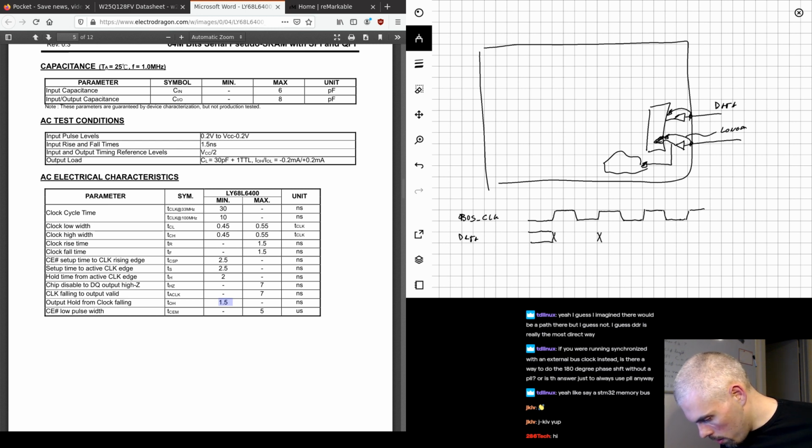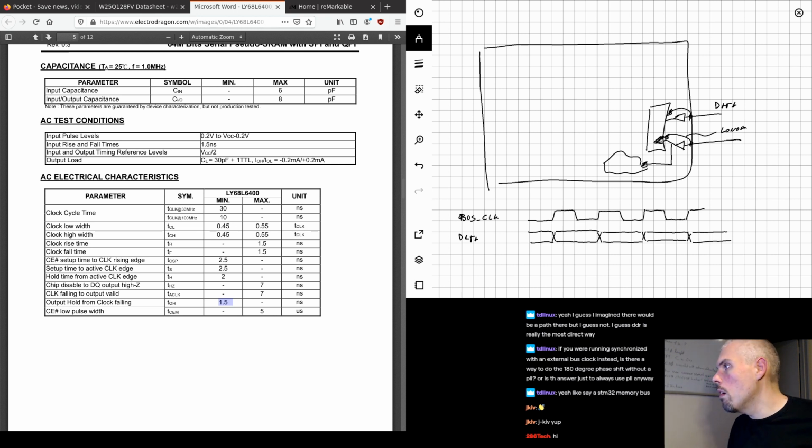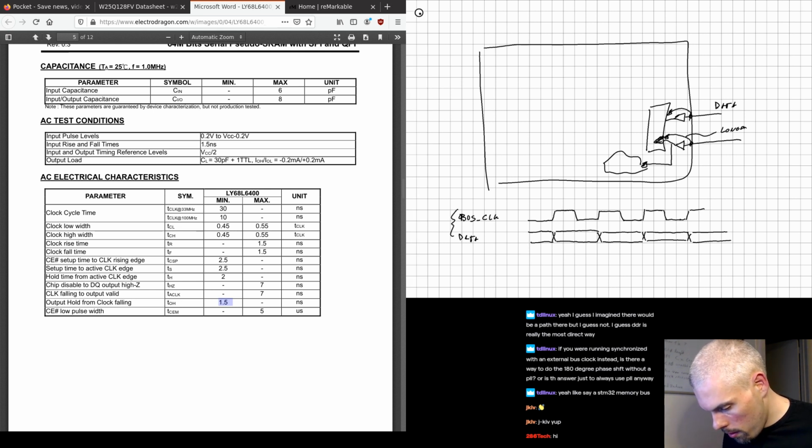I'm assuming it's single data rate and it's transitioning at the same time as the clock. Right? So that's on the outside.